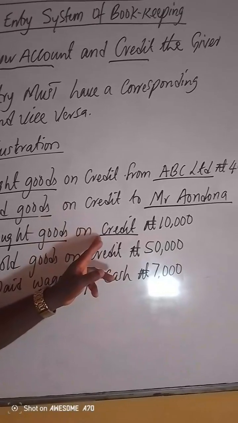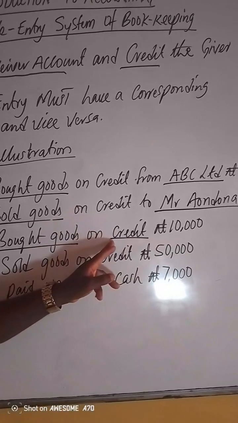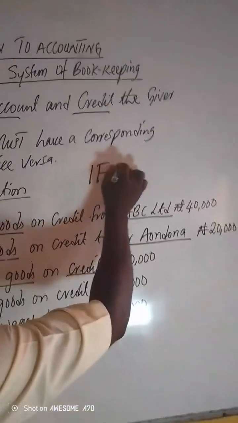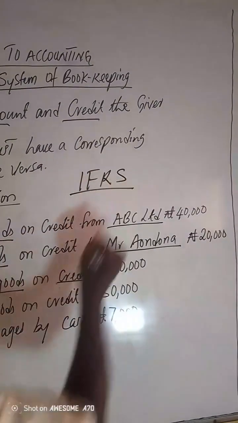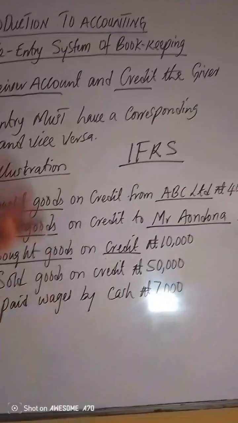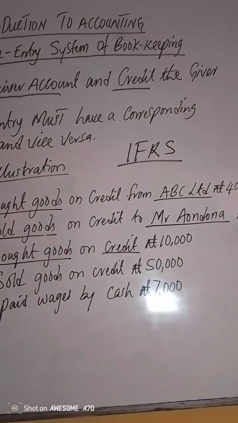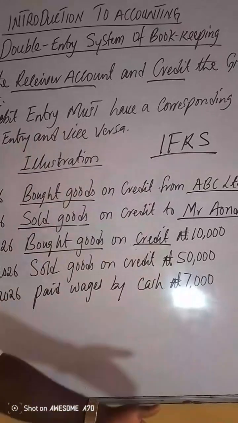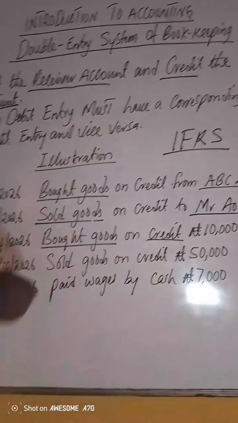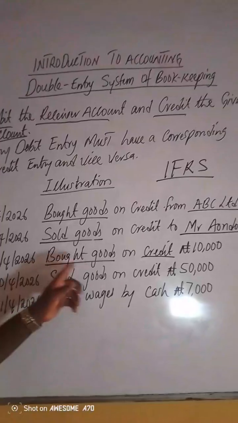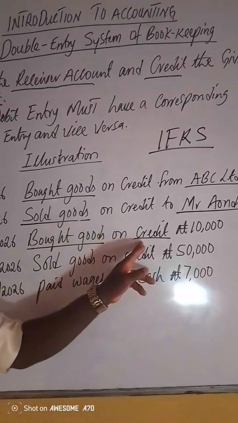Initially, trade payable was called creditors, but the correct name based on International Financial Reporting Standards is trade payable, meaning as you purchase goods on credit, you have the obligation to come back and pay for the goods you purchased. So purchases becomes the receiver account, while trade payable becomes the giver account.